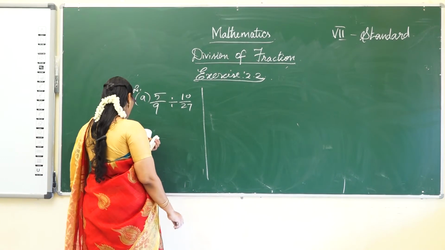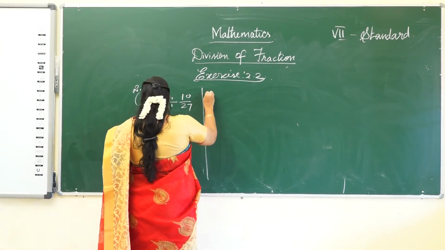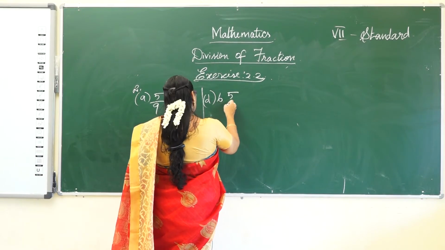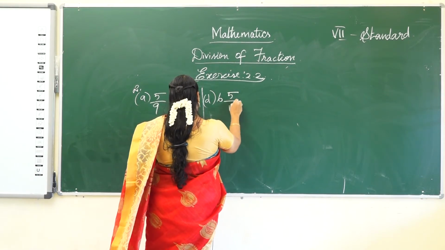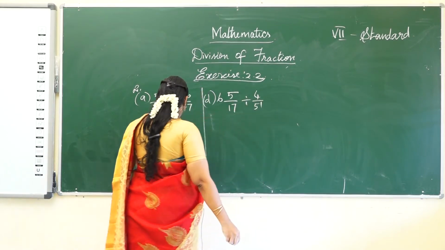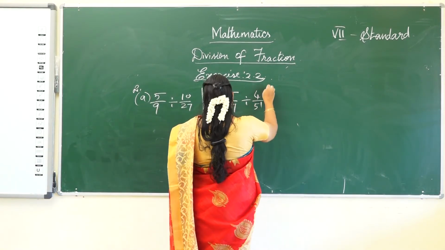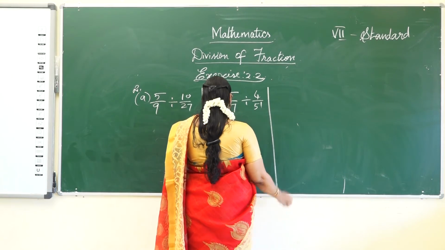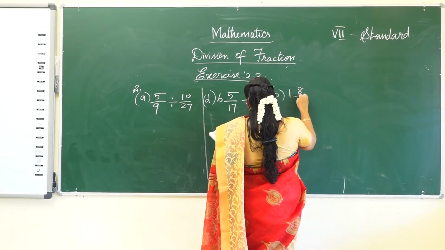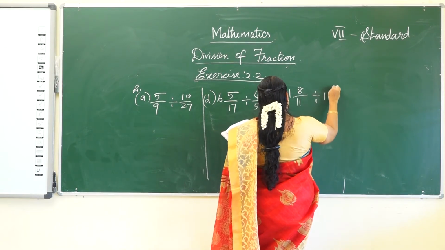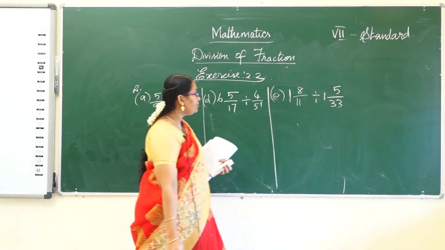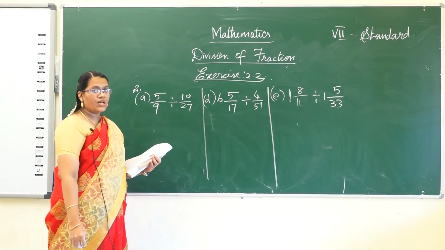B and C are homework using the same method, and D is given as mixed fractions: 5 5/17 divided by 4/51. Then the E problem, 1 8/11 divided by 1 5/33. So the remaining problems are homework.